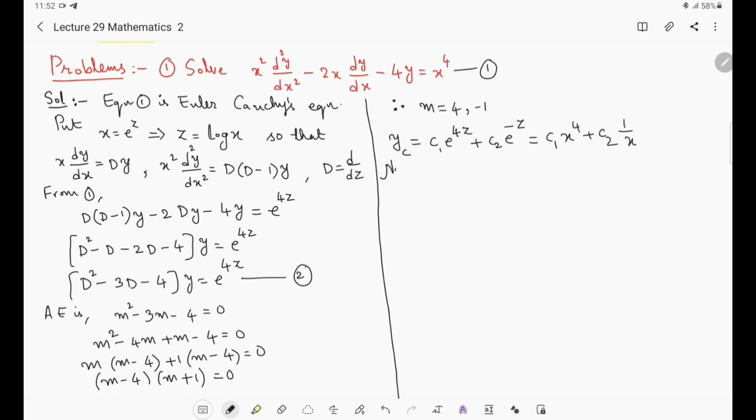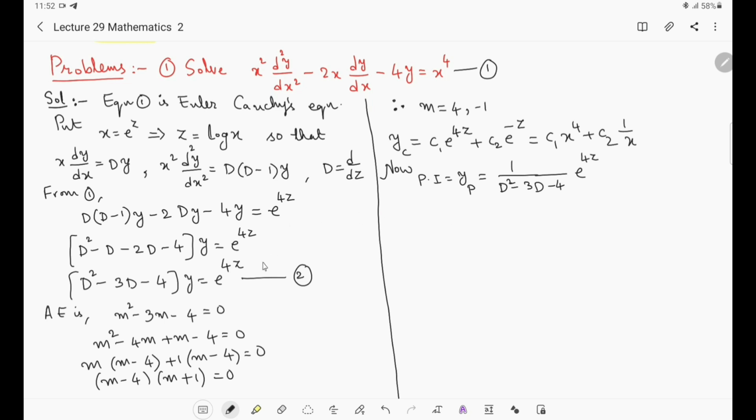Now we have to find the particular integral. The particular integral yp is given by 1 by f of D, where f of D is D square minus 3D minus 4, into e power 4z.